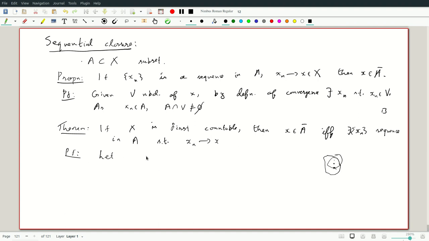Yeah, so let Vn, n over natural numbers, be a countable basis for definiteness. Let me say n greater than or equal to 1, to avoid the issue that conventions about natural numbers having or not having 0 differ a little bit. So let this be a countable neighborhood basis for x.